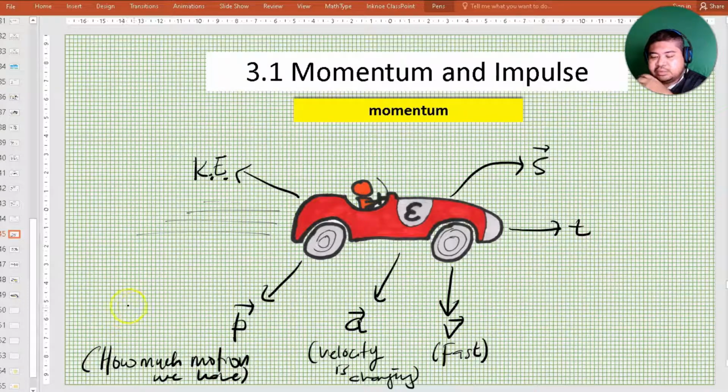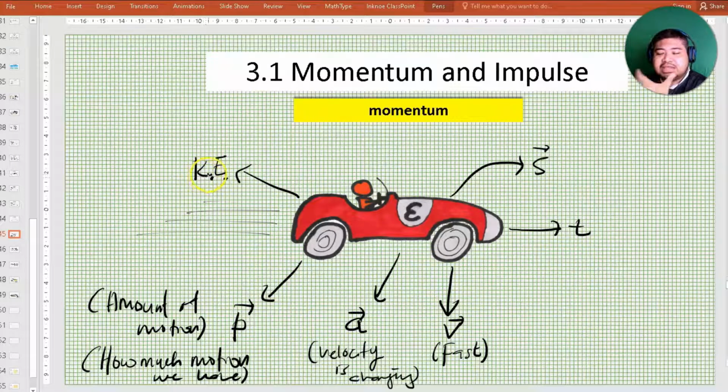Basically you can think of momentum as the amount of motion. And finally, every object that has velocity is going to have kinetic energy with it. You can calculate the kinetic energy of a moving object using the equation half mv squared. We are going to go to the next slide.